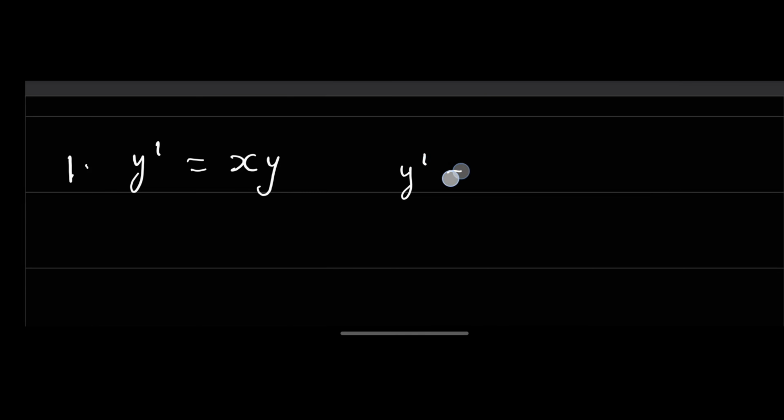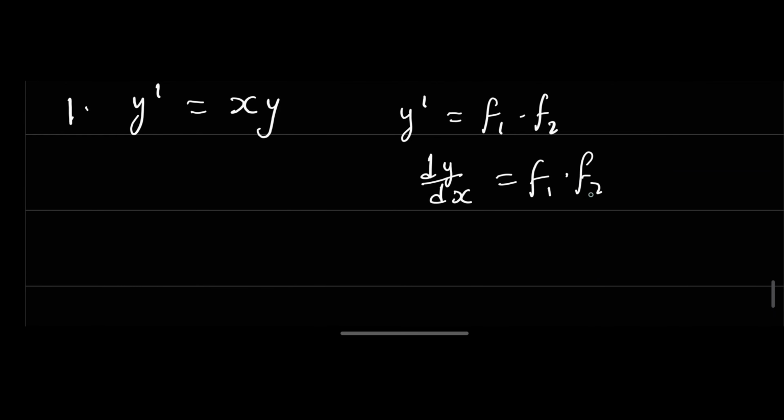We have y prime equal to f1 of x times f2 of y. I'm dropping the of x and of y so that it can be cleaner. This is what you do. You express it as dy dx, as it befittingly is, equal to this times this, and you then divide both sides by the function of y and multiply both sides by dx.